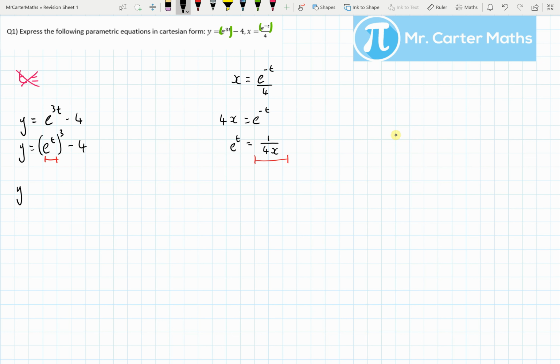I can say y equals 1 over 4x all cubed minus 4. Okay, that's Cartesian form. I didn't tell you what form to put it in, so it'd be tempting to stop there. I would probably at least cube that bracket. So I've got 1 over 64 x cubed minus 4. Okay, happy with that.